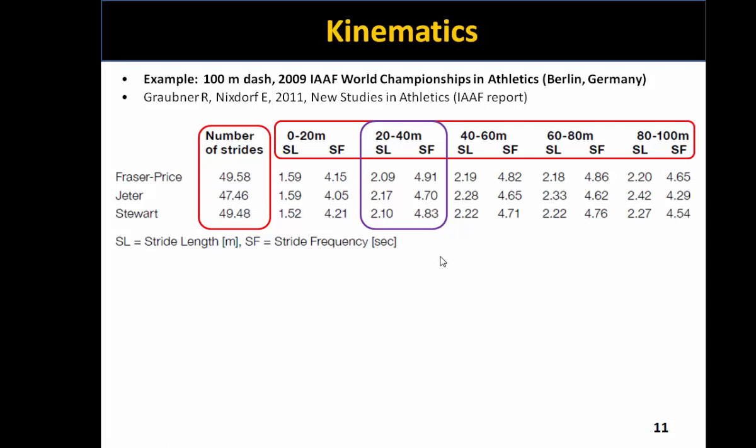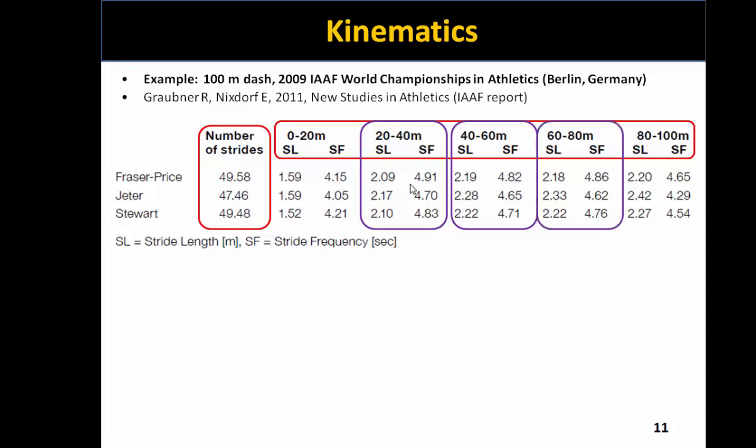One pattern that emerges here, we will focus first on the gold medal finisher. We see that stride length continues to increase from 0 to 20 to 20 to 40, and then plateaus between the 40 and 100-meter mark, at 2.19, 2.18, and 2.2.